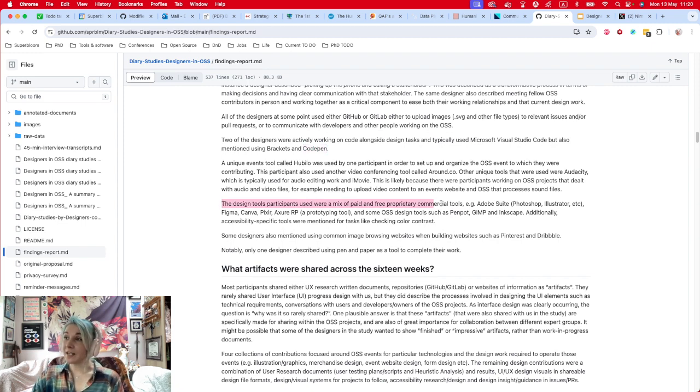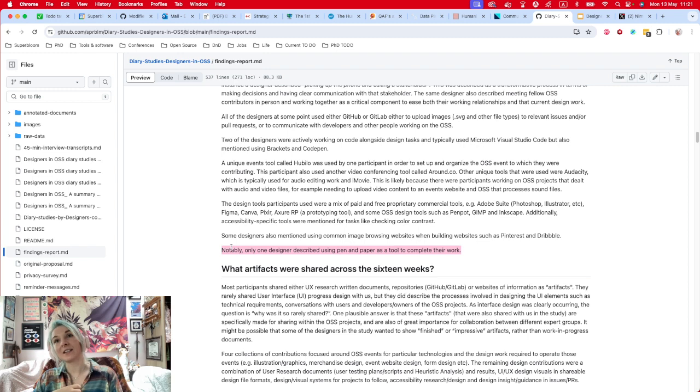And then there's a little section here specifically about the design software that they were using. And then, yeah, this one section at the end, notably only one designer described using pen and paper as a tool to complete their work, which is interesting to know, essentially.